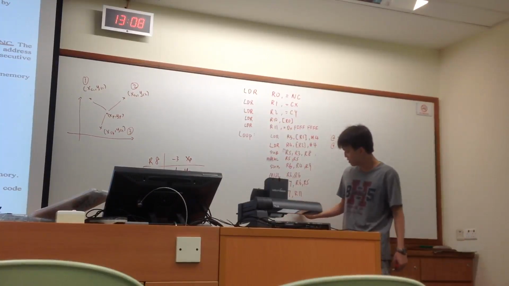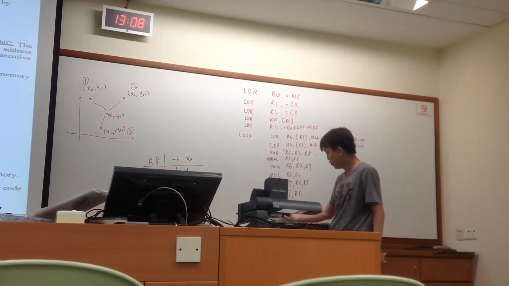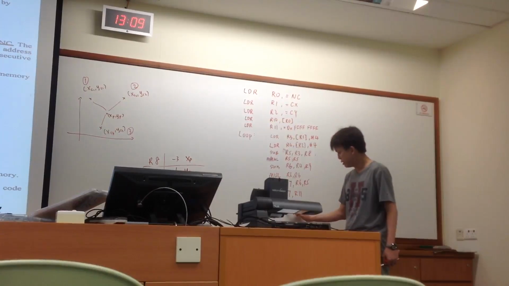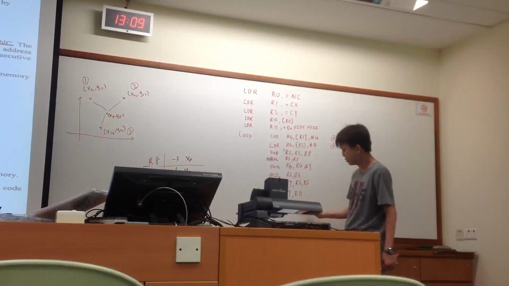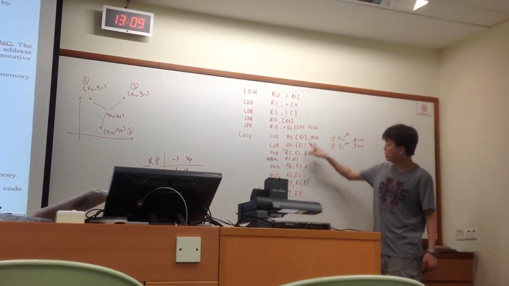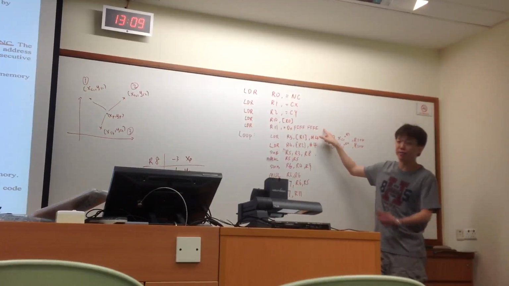Then, if less than equal, that means I will move LS R11 to R7. If I compare these two numbers, this is the largest number, right? Cannot be more than that.